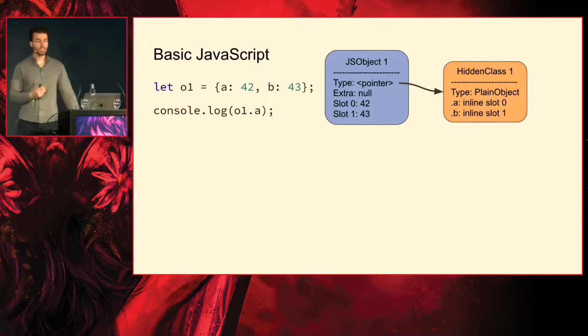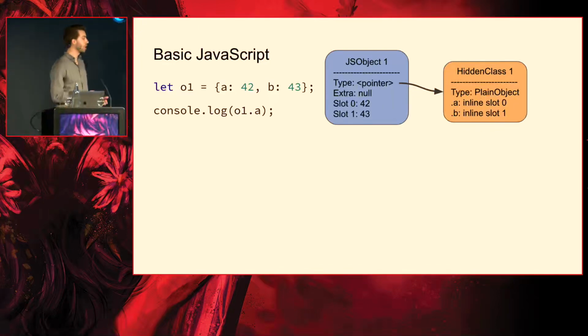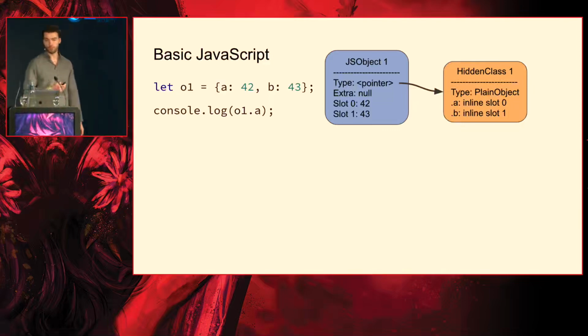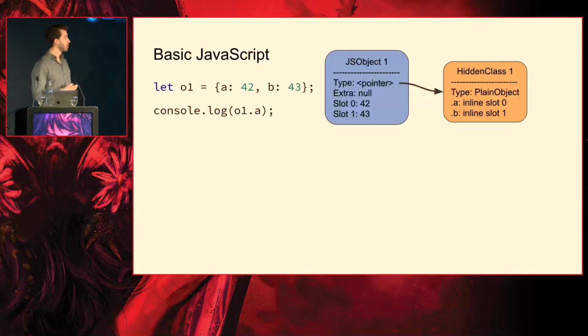I think it's called hidden class because it's similar to a class in C++ or Java, except it's hidden to the programmer. And now this hidden class contains the information where those properties live, right?